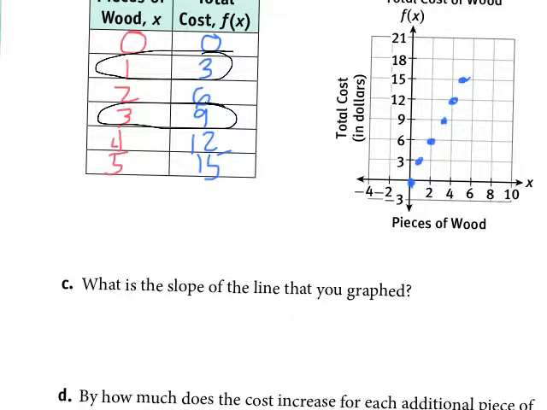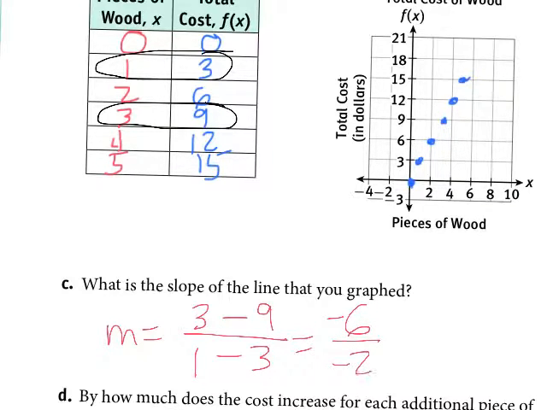So I know that to find my slope, m, I put my fraction bar in, 2 minus signs, and stick my y's on top. So that would be 3 and 9. Since I led with the y value of 3, I have to lead with the x value of 1 down on bottom, so 1 minus 3. So 3 minus 9 is a negative 6. 1 minus 3 on bottom is a negative 2. Negative 6 divided by negative 2 is a positive 3. So I have a slope of 3.